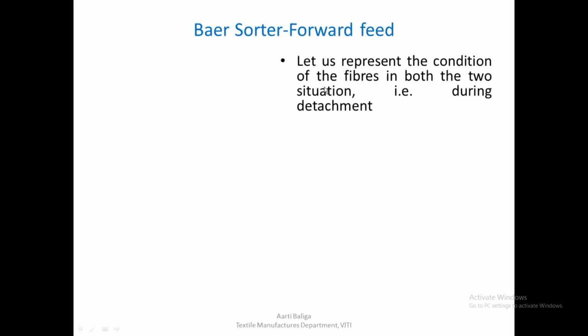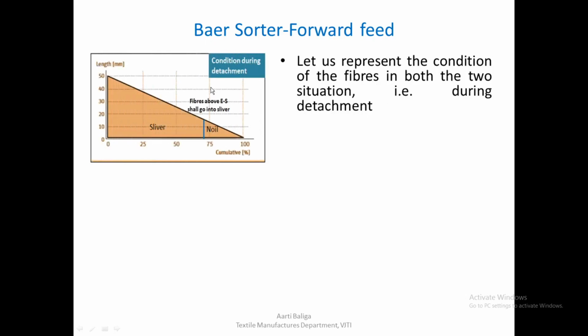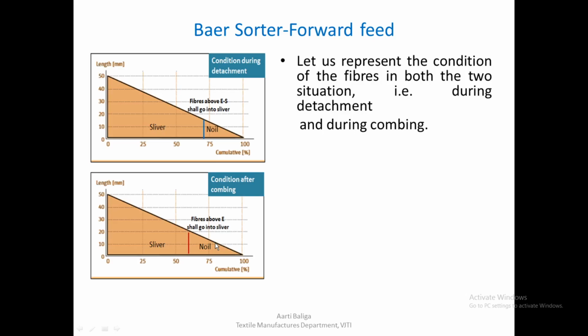So just like earlier, let us represent this condition of the fibers in both the two situations, that is, during detachment, in this manner. Fibers above E minus S shall go into the sliver, and fibers below E minus S will go into the Noil. And during combing, this would be the situation where fibers above E shall go into the sliver and below E would go into the Noil.